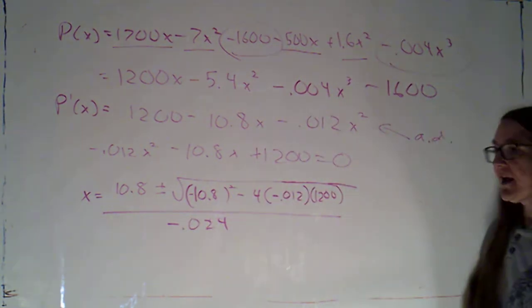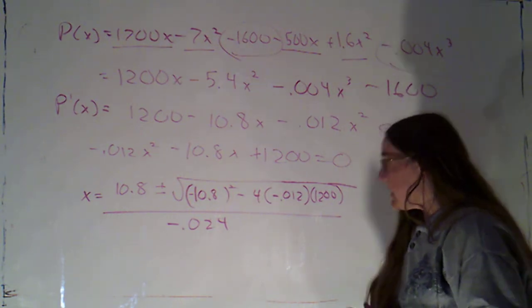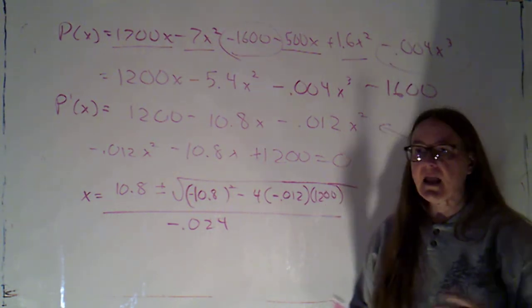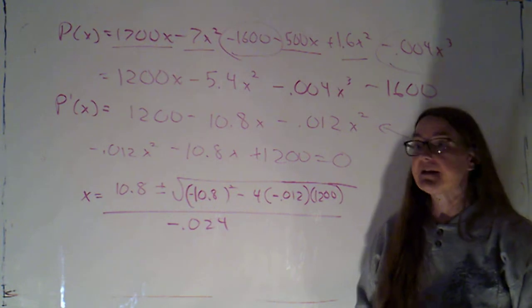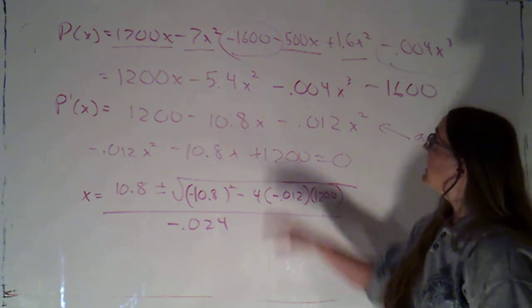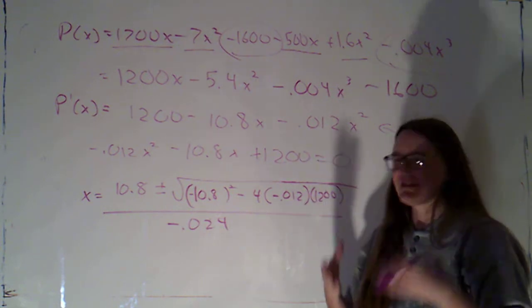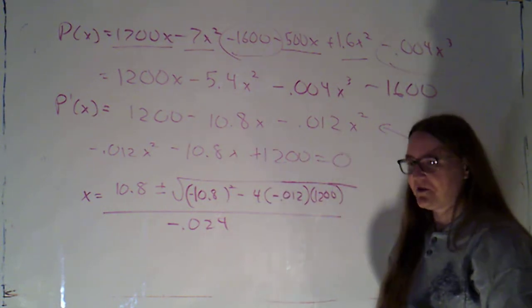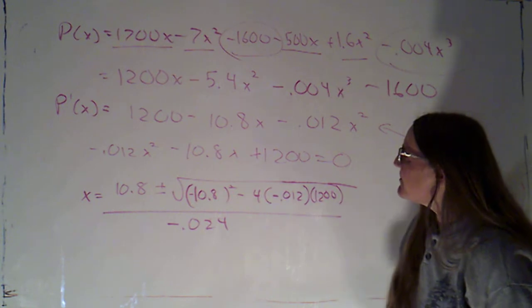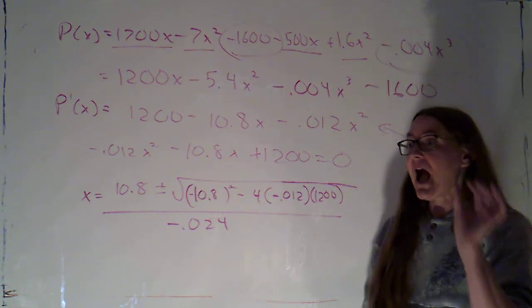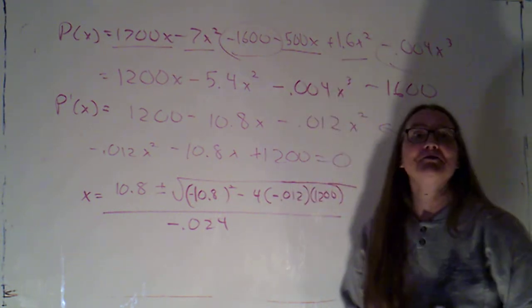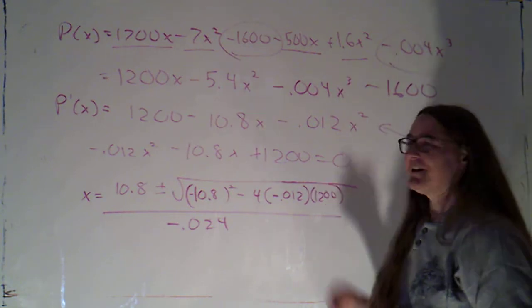These are going to be my critical numbers. Now, that's a messy enough number that I am going to go ahead and use a calculator to get a decimal approximation for these. These problems were actually set up to use realistic numbers as opposed to the nice numbers that I usually use so that we don't need a calculator. So we've been going for a little while. I'm going to pause the video. I'm going to come back after plugging this into a calculator, and we'll finish up the problem then.